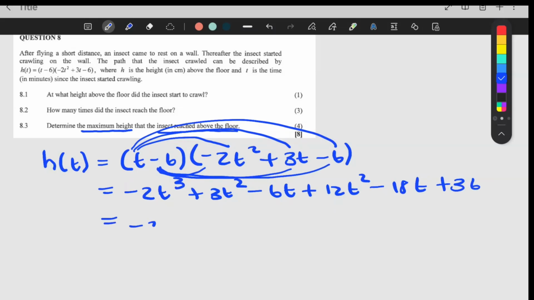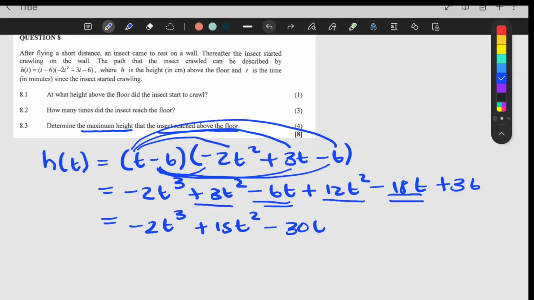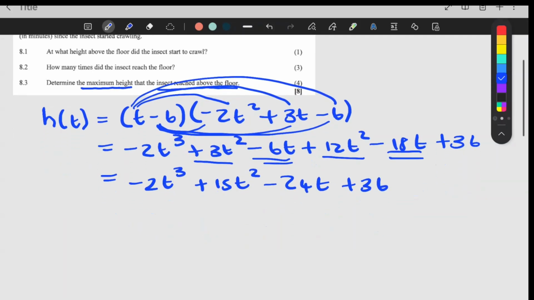Like terms, negative 2t to the 3. And then this and this, plus 15t squared. Then this and this, minus 30t. Is it 30? No. Minus 24t and then plus 36. So that's our cubic function.